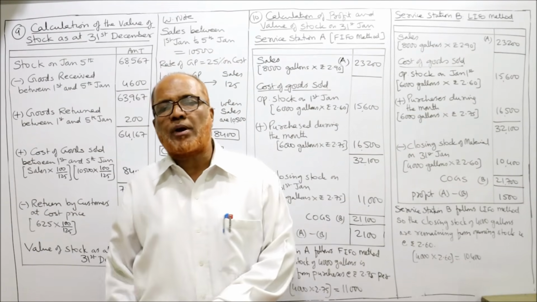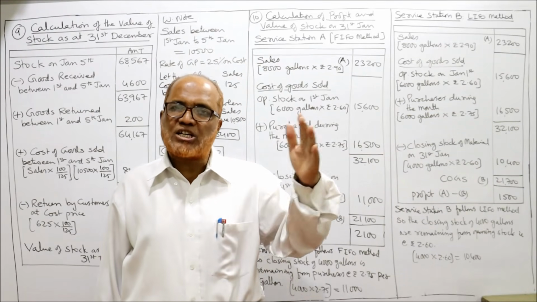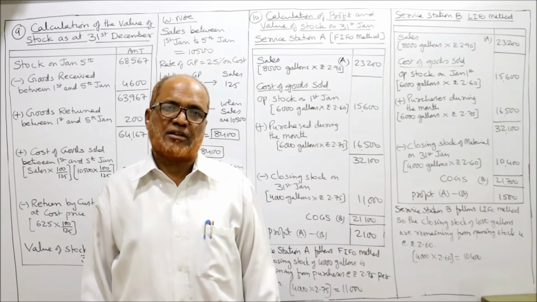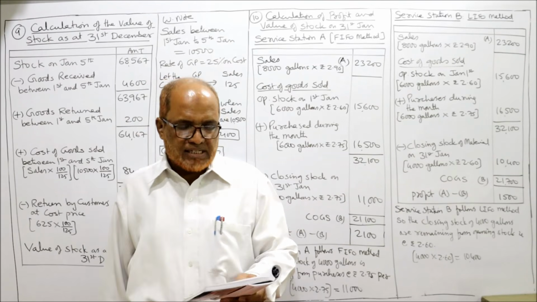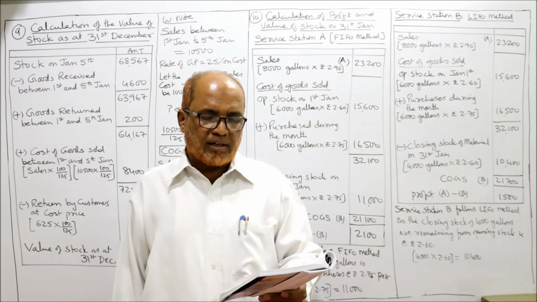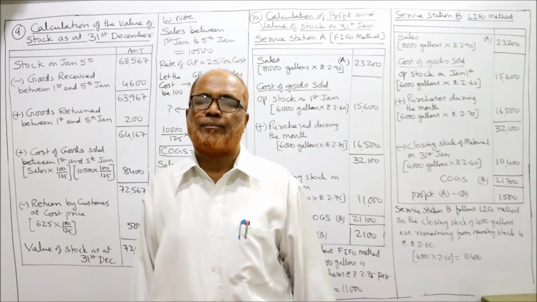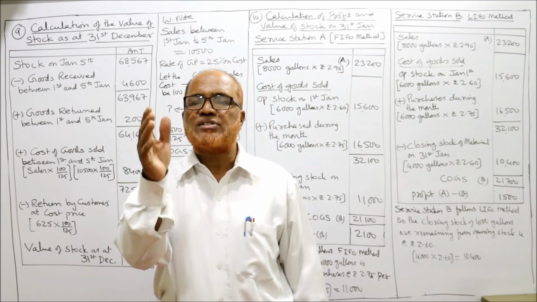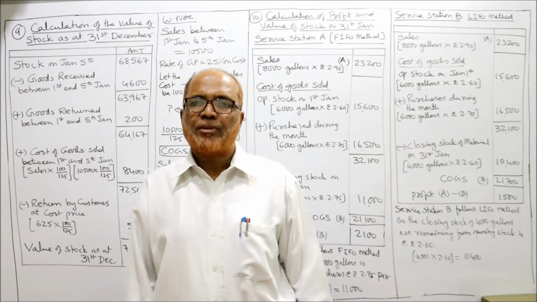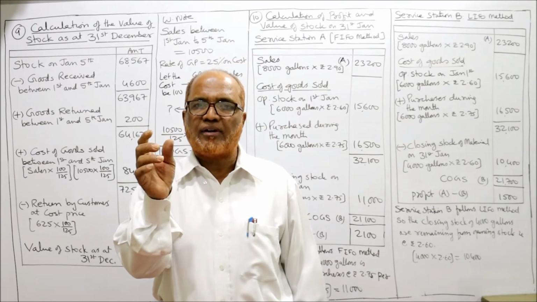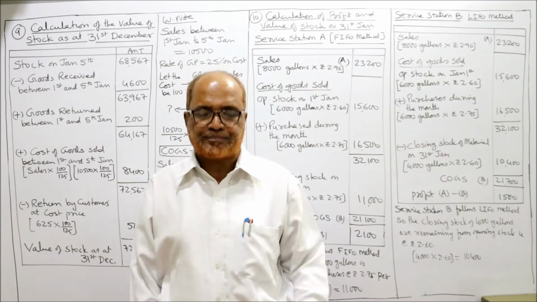So here in this problem, service station A follows FIFO method and service station B follows LIFO method. Then on 1st January, both had the same quantity in stock, 6,000 gallons at rupees 2.60 per gallon. The opening stock of service station A and service station B are the same. So both the stations will have 6,000 gallons at rupee 2.60 per gallon.